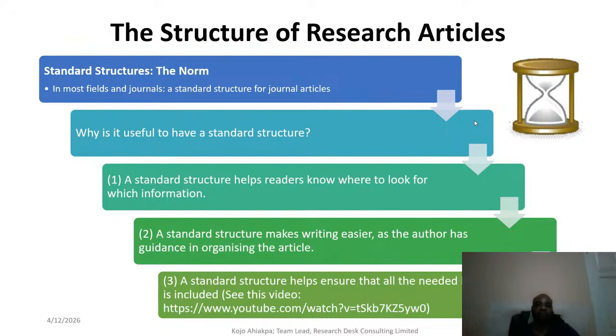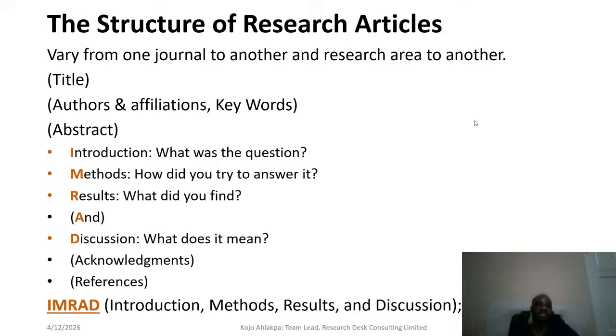The structured way of writing eases writing and also serves as a guide for organizing your article. Last but not the least, it helps us to solicit information from relevant sections. Without it, it's difficult to solicit information from the relevant sections of your work.